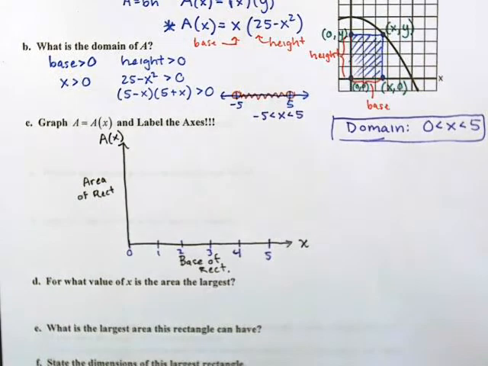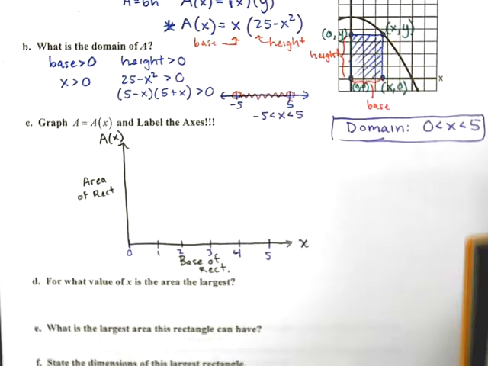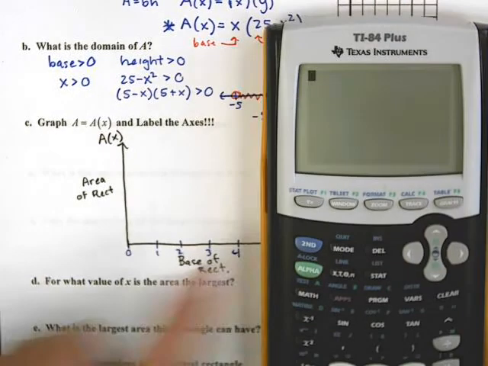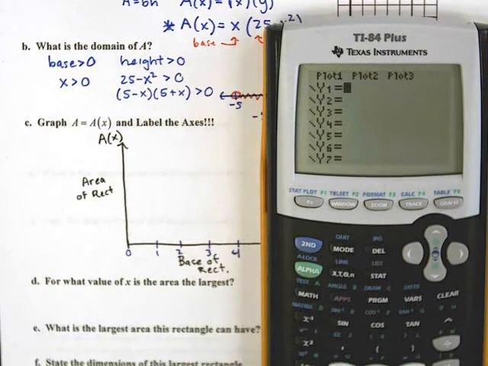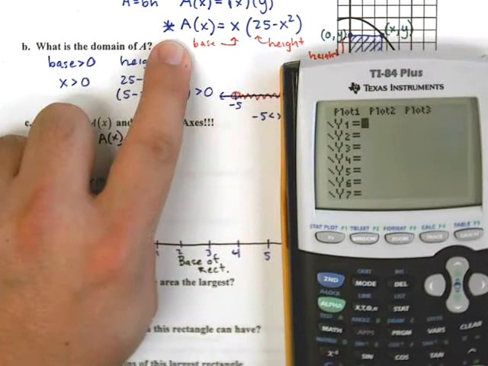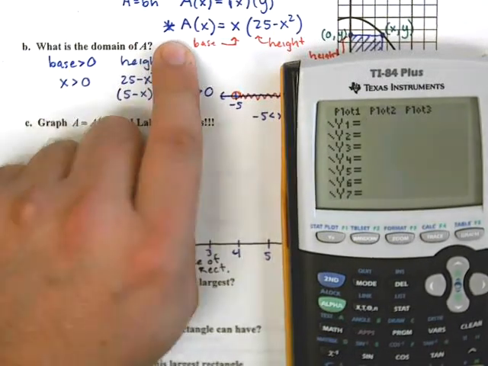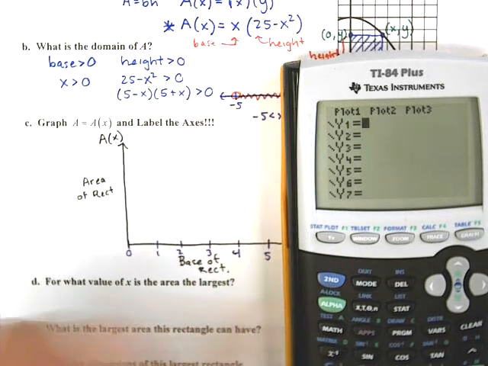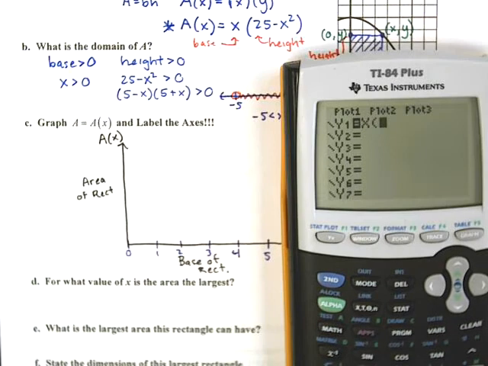So now we need to grab our calculators, and our calculators are going to help us out. If you grab your calculator, we need to go to our y equals menu, and we need to plug in our area equation. Okay? This is, again, like y equals, and then this. Don't worry about distributing. Just write it exactly how it is so there's no room for error.